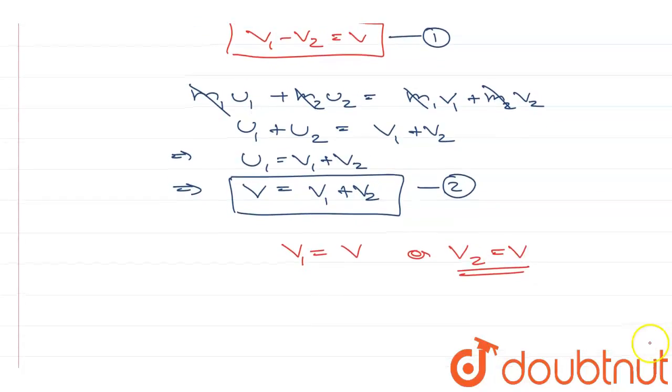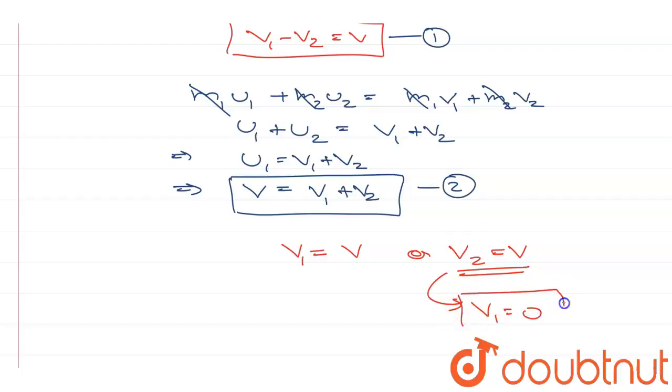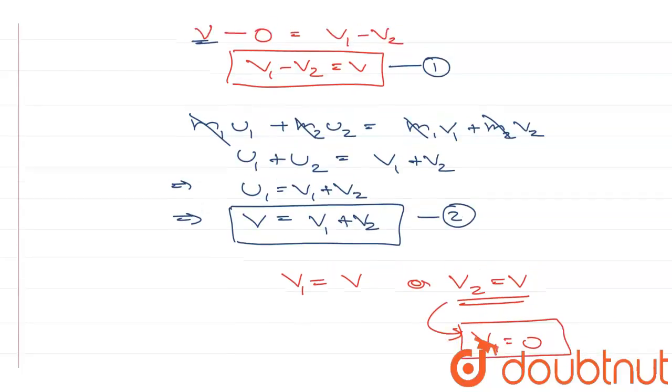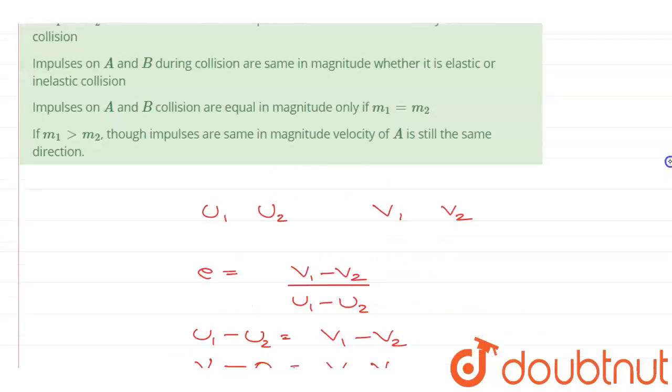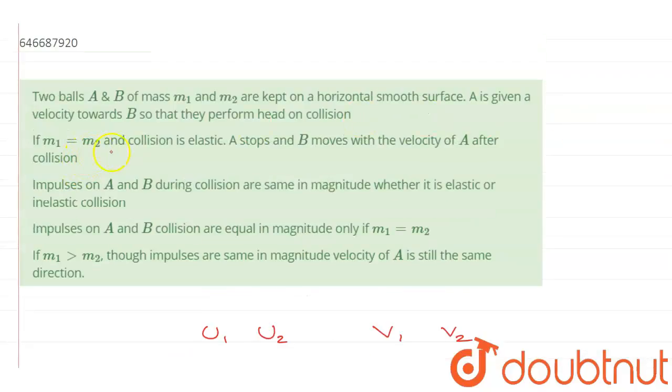Now obviously if A is colliding with B, that means v2 should be the one getting the velocity. That means subsequently v1 will be equal to 0. So the first statement, that if m1 is equal to m2 and collision is elastic, A stops and B moves with the velocity of A after collision, is correct.